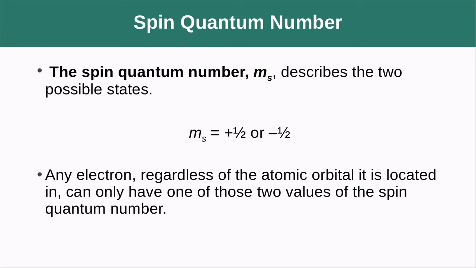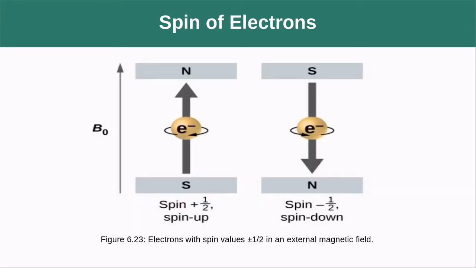So that's just a little extra note for you guys. The spin quantum number, ms, describes the 2 possible states. So you can have plus 1/2 or you can have negative 1/2. The basic idea being that if I had a vector that was pointing through it, it could be up or it could be down. And traditionally the notion was that this electron was spinning.